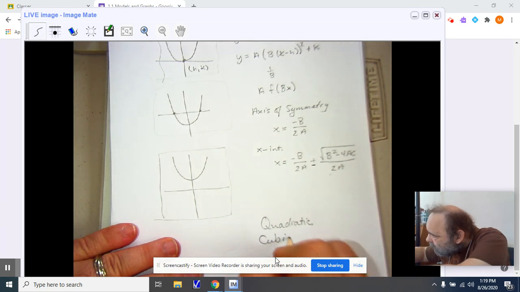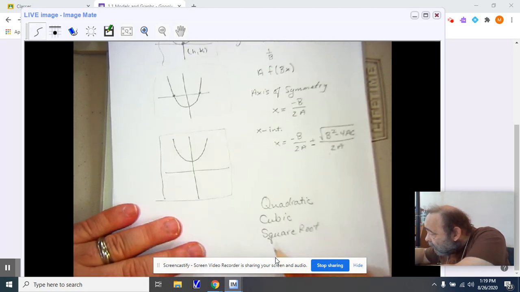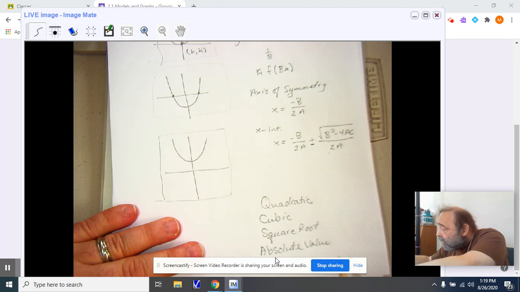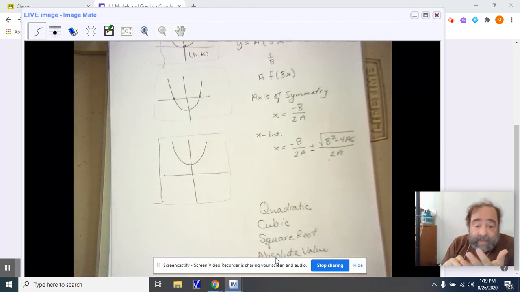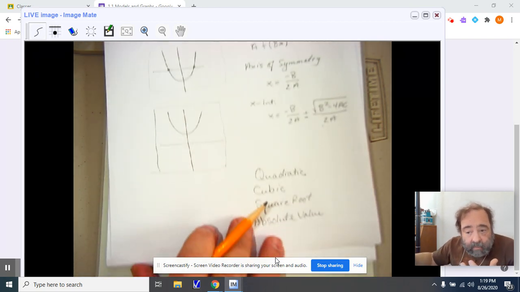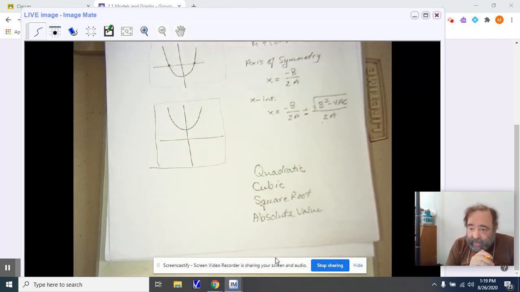Cubics, square roots. You need to know absolute values. You'll also need to know your transcendental functions. So you'll need to know sine, cosine, tangent, and as we go through, we'll continue to work with their inverse functions.